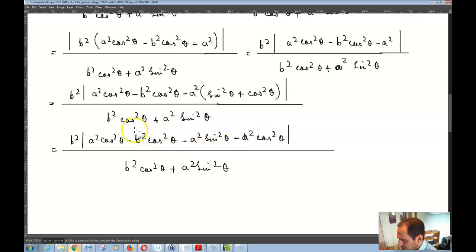Somehow you can get a 1 out of one of these. Meaning that cos squared theta plus sine squared theta, b squared cos squared theta plus a squared sine squared theta, and then that would be okay.